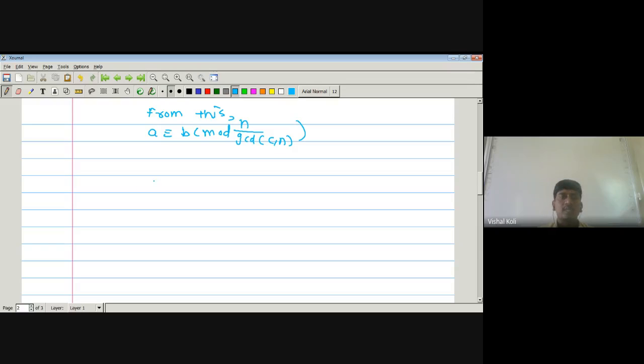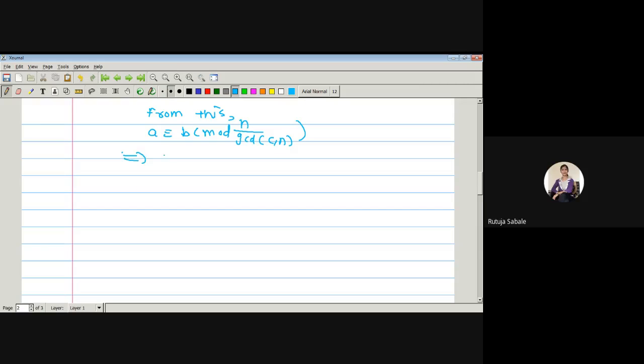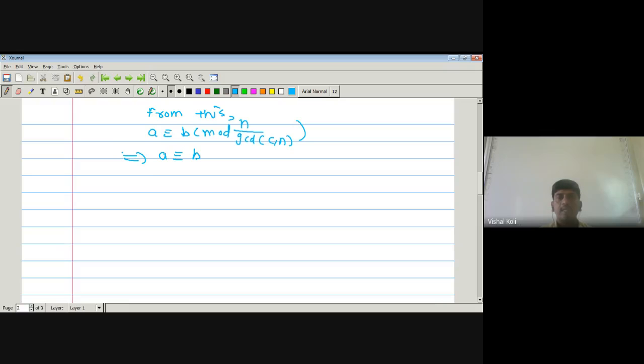What should be the GCD of C and n? N, which implies A is congruent to B modulo n upon GCD is again n, which is nothing but A is congruent to B modulo n. If A is congruent to B modulo n, then 1 divides the difference of these two integers A and B, which implies 1 divides A minus B.